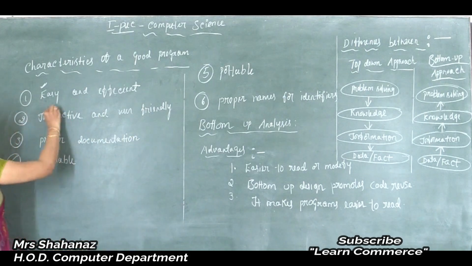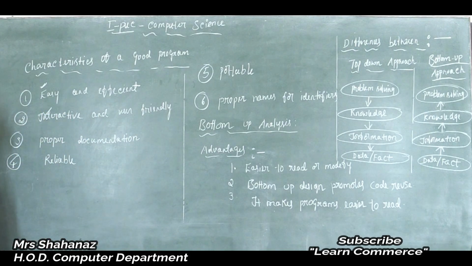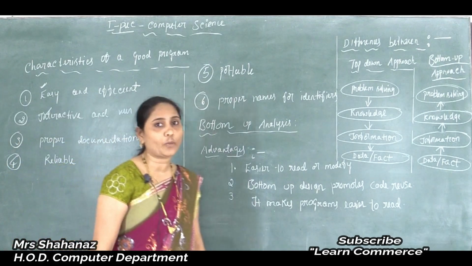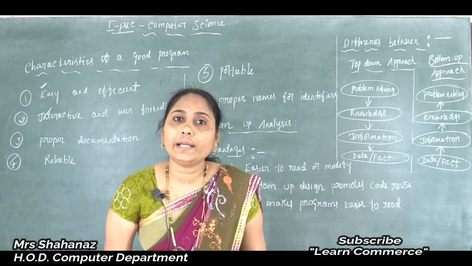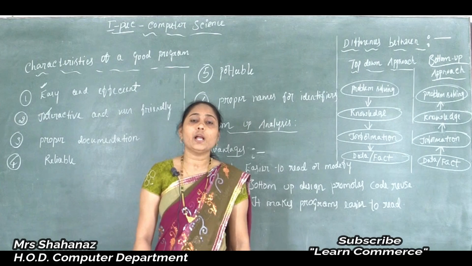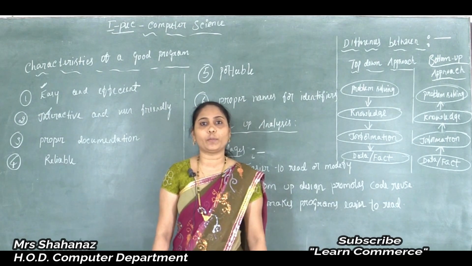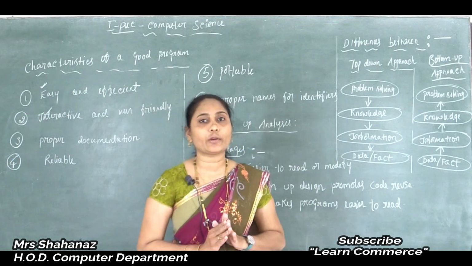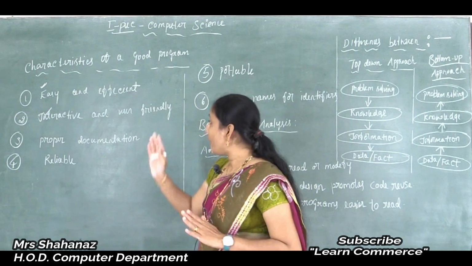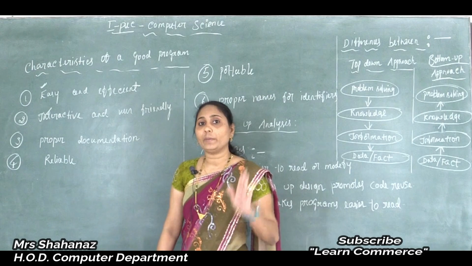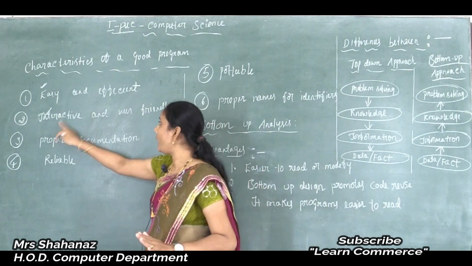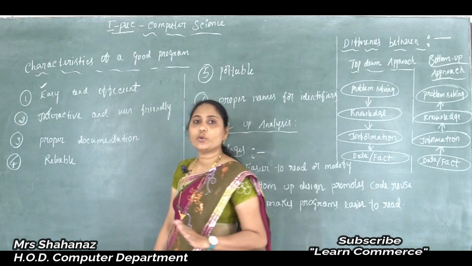The next one is interactive and user friendly. Now we are at the second point, which is called interactive and user friendly. The program we create should be interactive as well as user friendly.